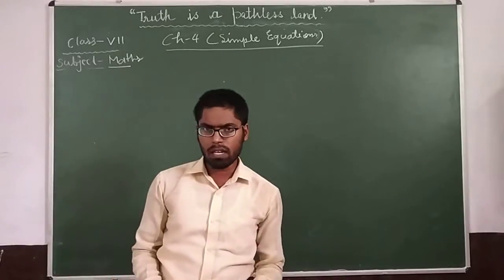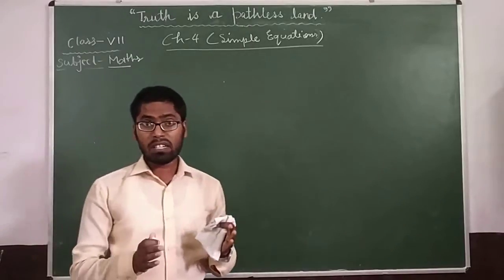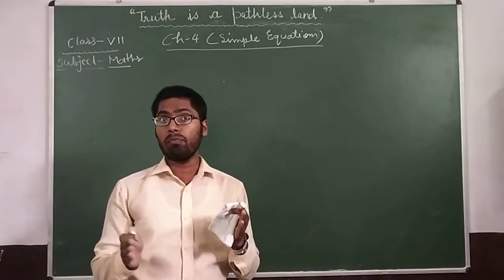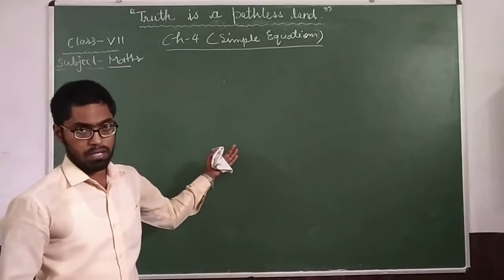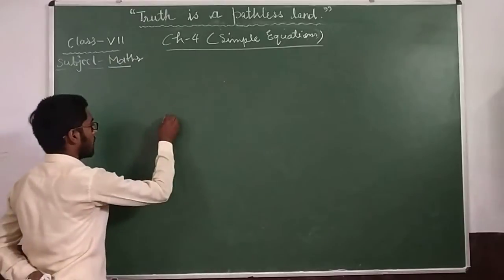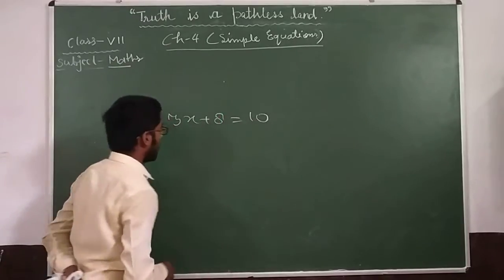So, what is a simple equation? Addition, subtraction and multiplication of variables with their coefficients are called an equation. Suppose 3x plus 8 is equal to 10.